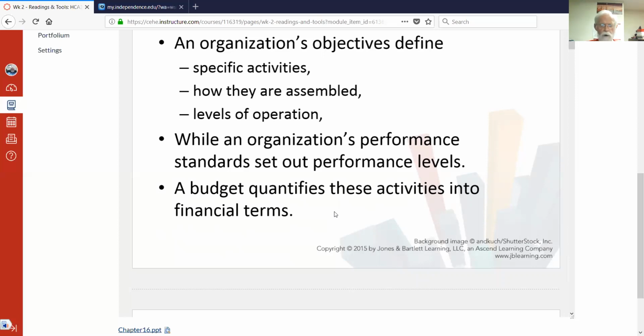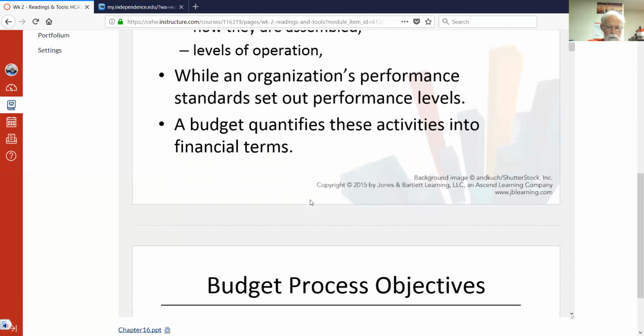So we have to look at the various activities and how they fit together to provide not only the care level that we want, but also to maximize their performance and to provide an operating profit.